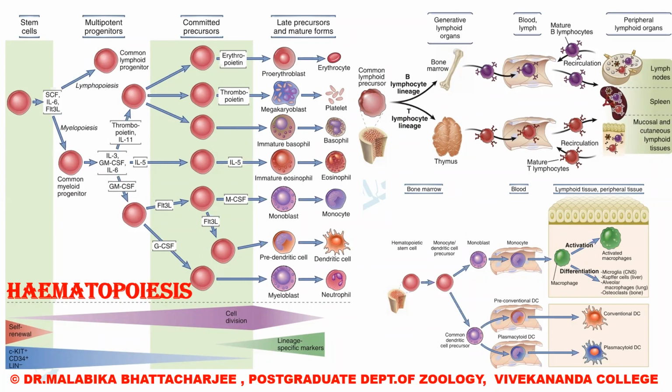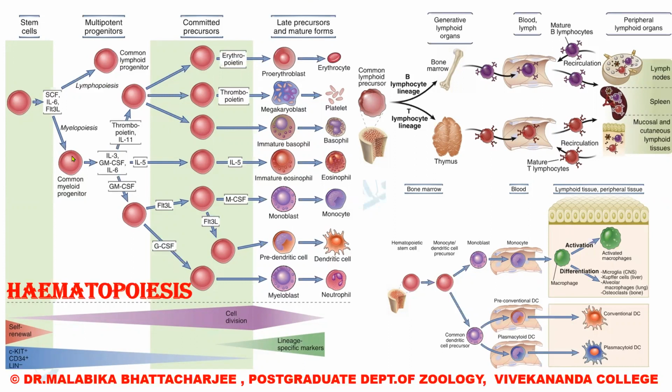From the common lymphoid progenitor, as the picture depicts, we have committed precursors. Here, SCF means stem cell factor, and there is FLT3 ligand. This is interleukin 6. So we have a common lymphoid progenitor and a common myeloid progenitor.